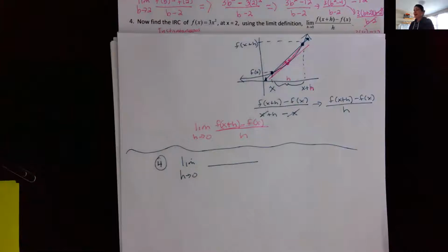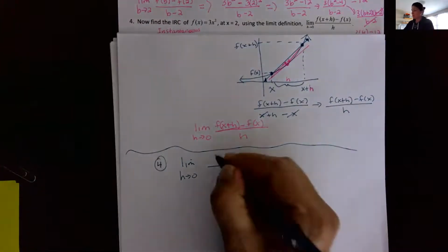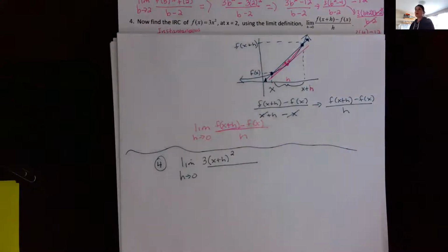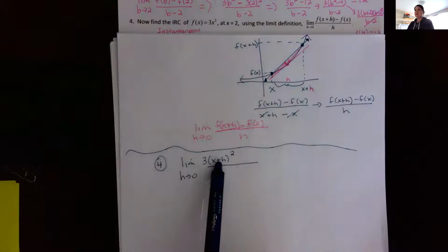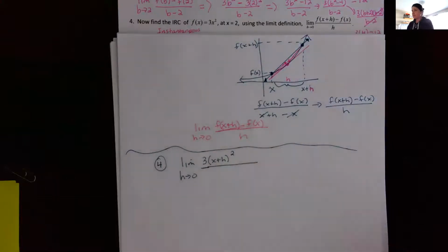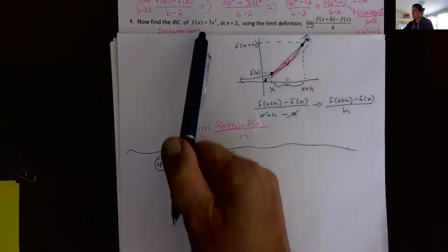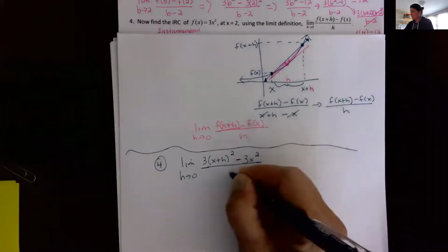So we need x plus h plugged in where x is. That means where x is in the function, right there, I plug in x plus h, minus f of x. Well, that is simply the function itself as written, over h.